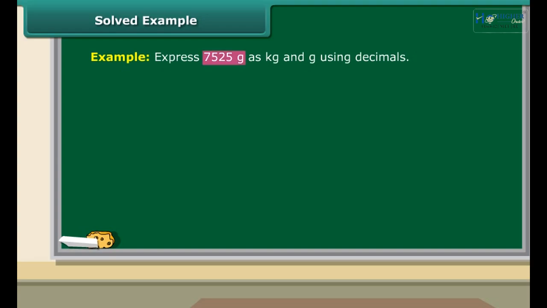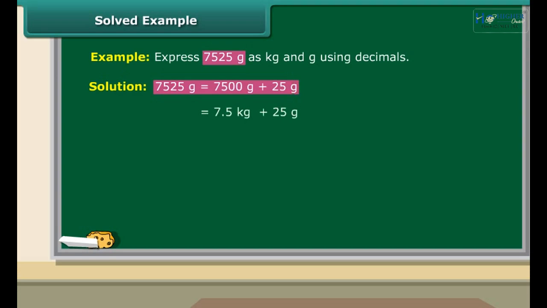Let us convert a weight expressed in grams into kilograms and grams using decimals. Express 7,525 grams as kilograms and grams using decimals. 7,525 grams are equal to 7,500 grams plus 25 grams, which is the same as 7.5 kilograms plus 25 grams.